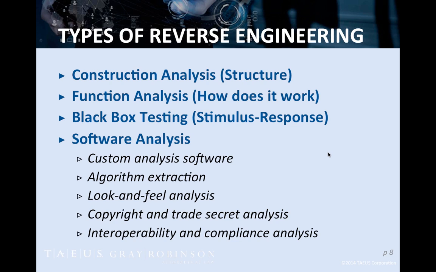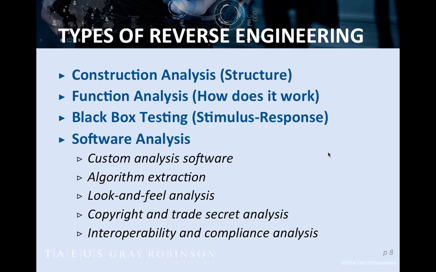These are types of software reverse engineering that are typically done. There may be a construction analysis of the structure of the code. In particular, this involves developing a flow chart, looking for the high-level structure of the code itself.